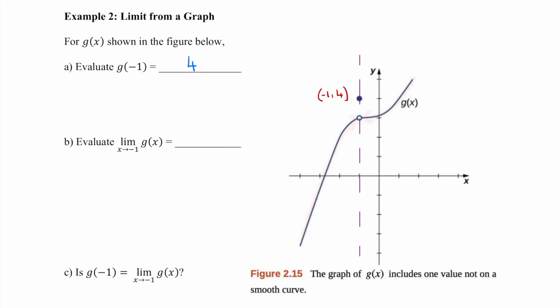So at this open circle, what is the y value? The y value at the open circle is 3. That means as x approaches negative 1 from the left, the graph is approaching 3. And as x approaches negative 1 from the right, the graph is also approaching 3. So the limit when x approaches negative 1 from both sides is 3.